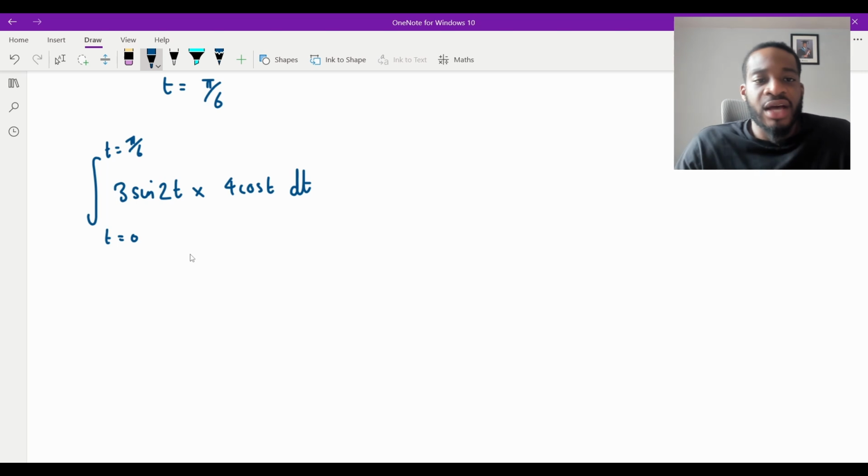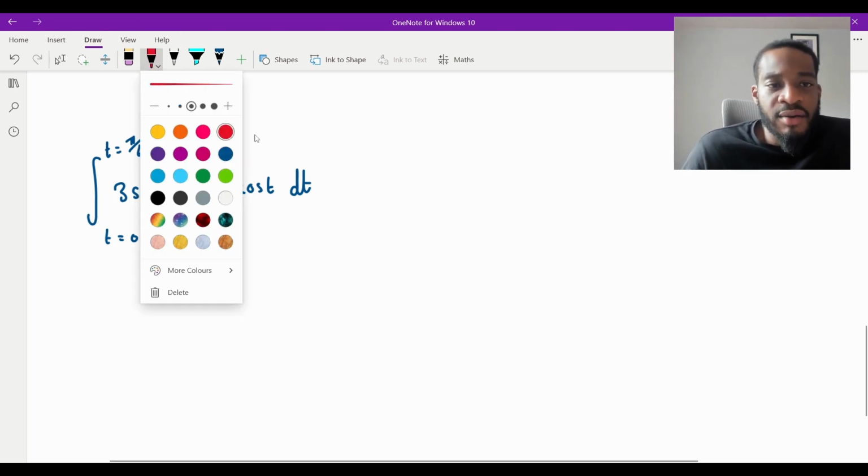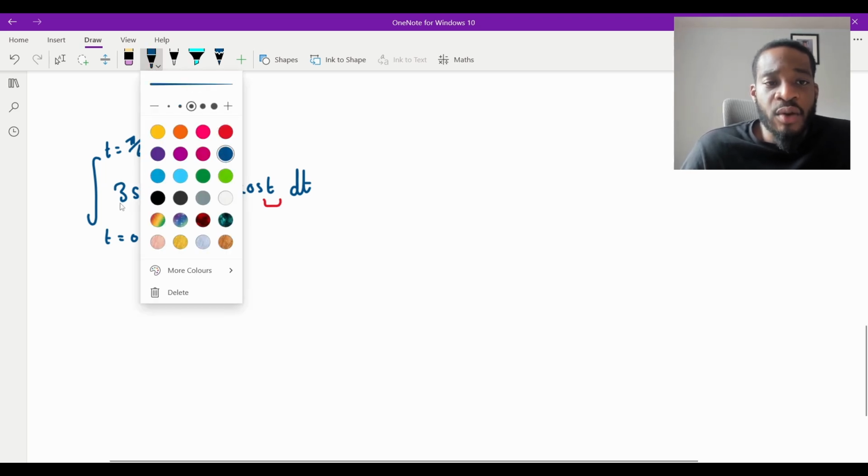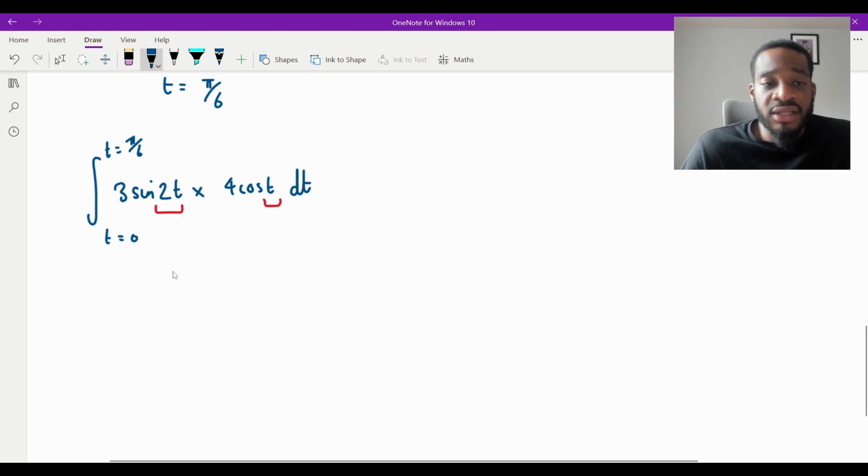Well, firstly, I don't like the fact that I've got two different angles here, right? It just makes things not really nice to work with. So what can I do? I can use the double angle formula to write this in terms of t, isn't it? Remember, sine 2t is equal to 2 sine t cos t, isn't it? Right? So if I've got a 3 there, then I'm just going to times both sides by 3.